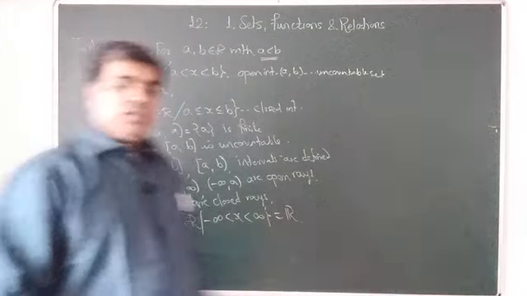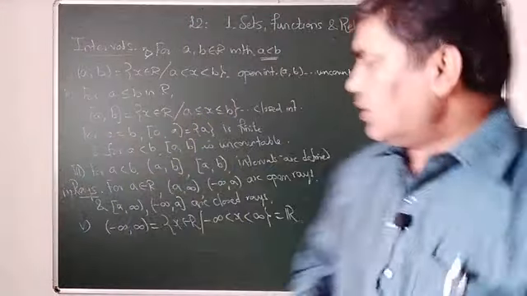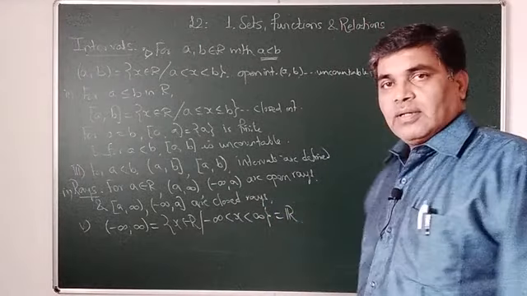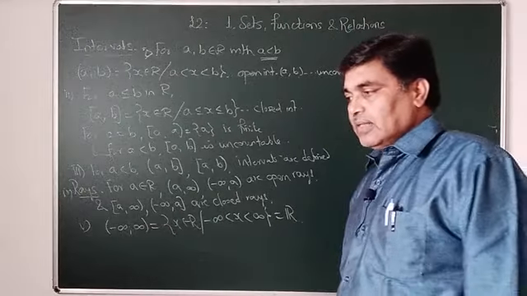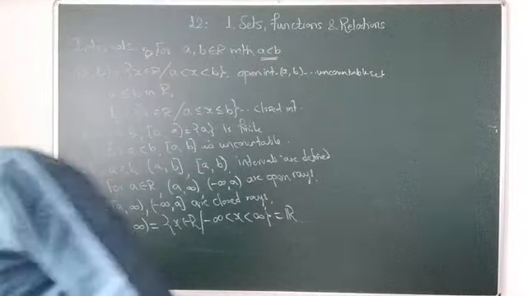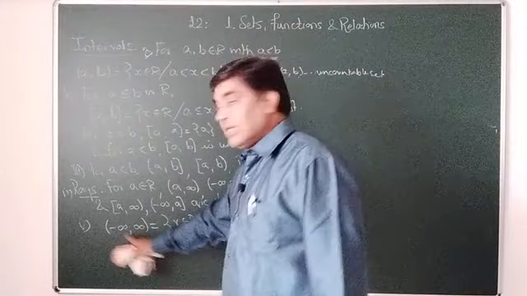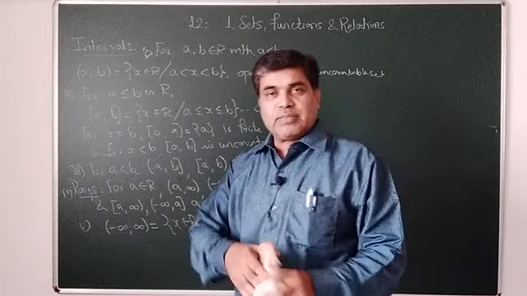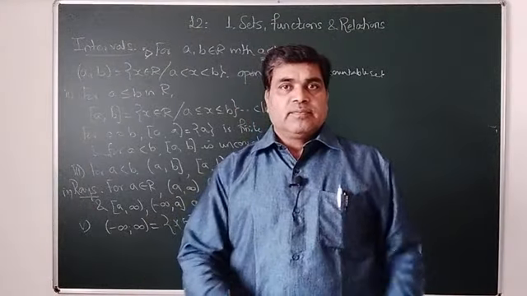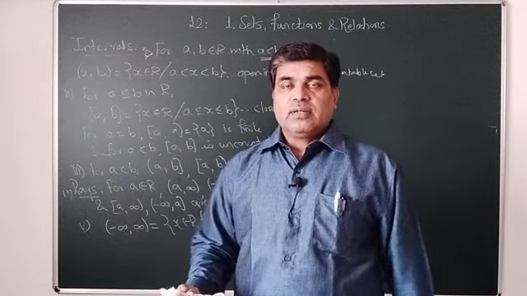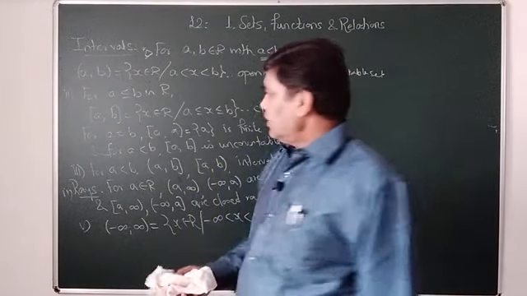So I can denote the set of real numbers by this other symbol, minus infinity to infinity. This is the other notation for the set of real numbers. Infinity and minus infinity are not real numbers, they are just notations: real numbers approaching infinity on the right side, real numbers approaching minus infinity on the left side.